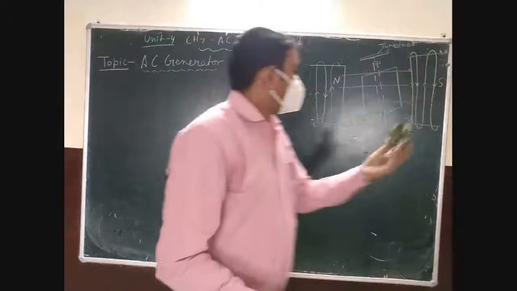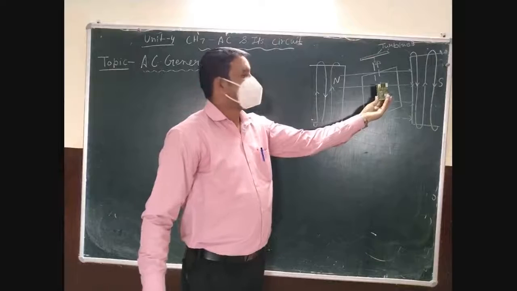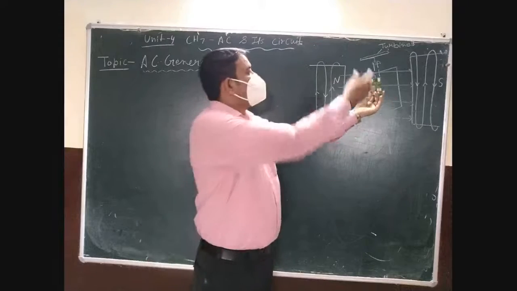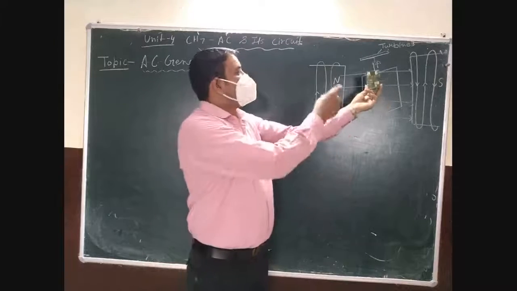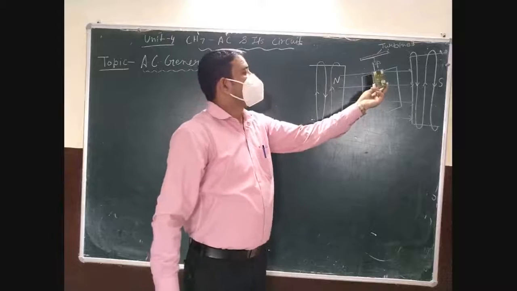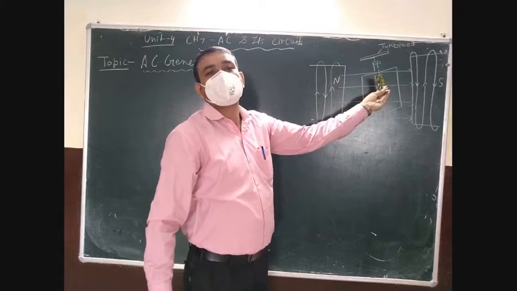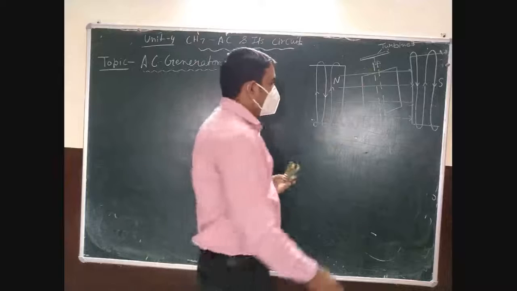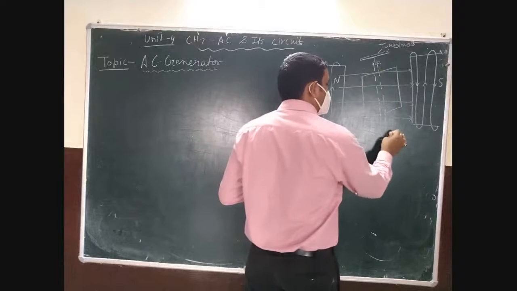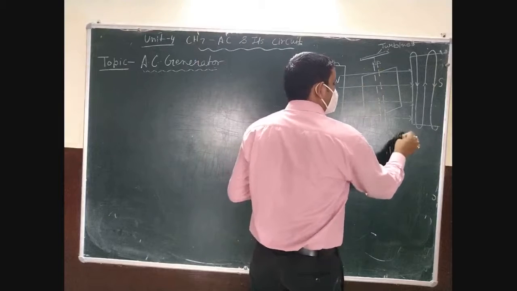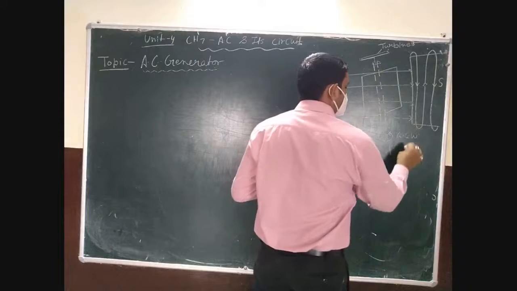Now suppose this is the shaft, this is the initial situation. Because steam falls on the turbine, the shaft is rotated anti-clockwise. So the rotation of this shaft is taken as anti-clockwise rotation.